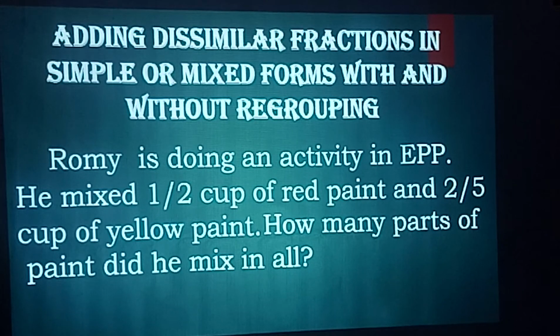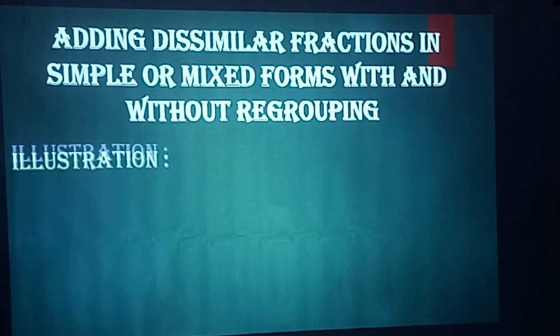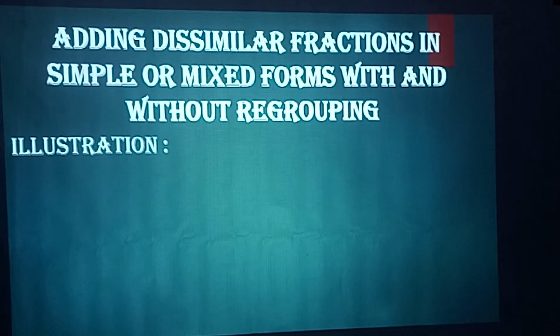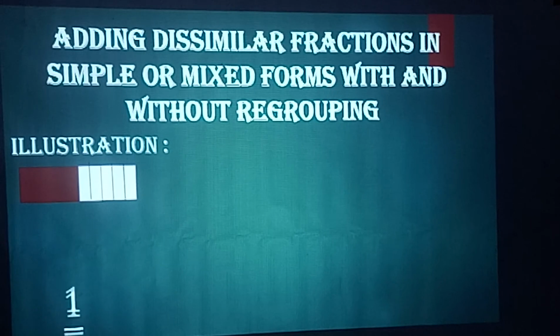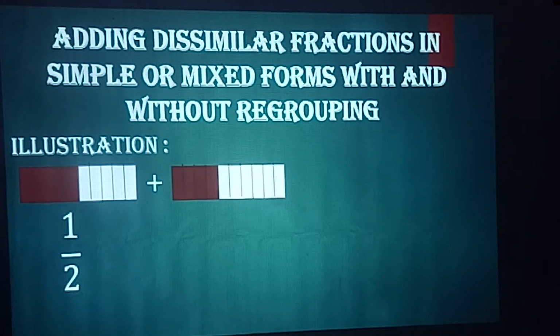So in this case, let me show it by having a figure prior to the number. Okay, so through illustration, so that is 1/2. Okay, if you will notice, the half is subdivided into 5 parts, and then plus 2/5.